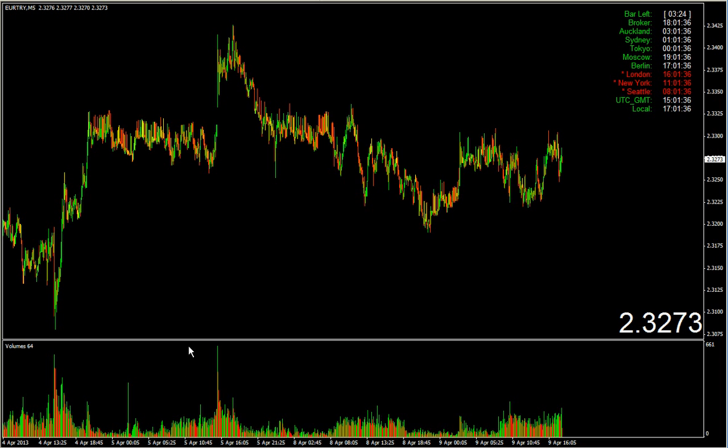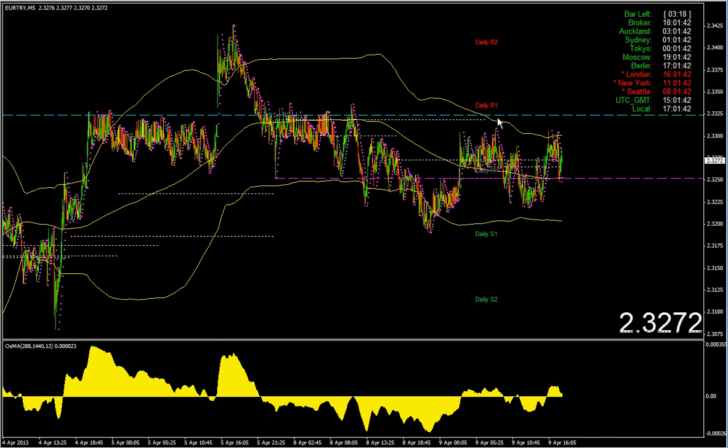Yes, the main reason why I'm choosing this cross rate is the following. If we put in the Bollinger Bands and the pivot lines, we see the monthly pivot line at 2.3324 and the weekly pivot line at 2.3252, and here we see the Bollinger Bands and the oscillator.